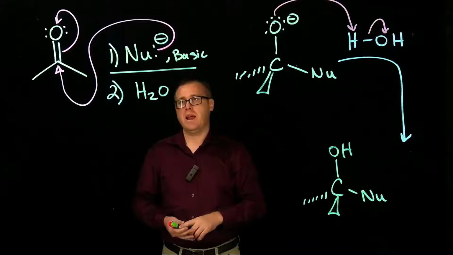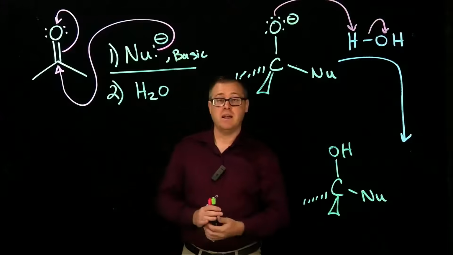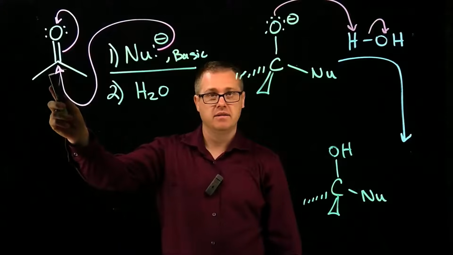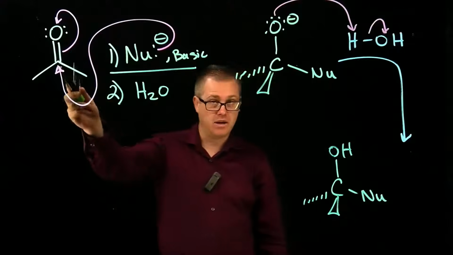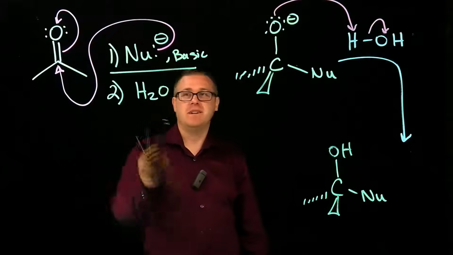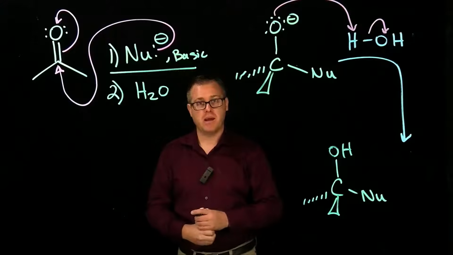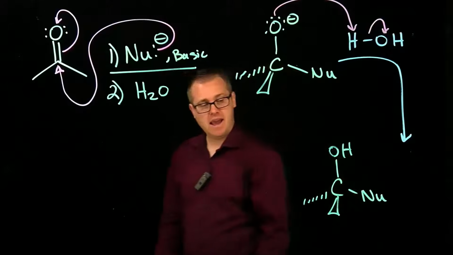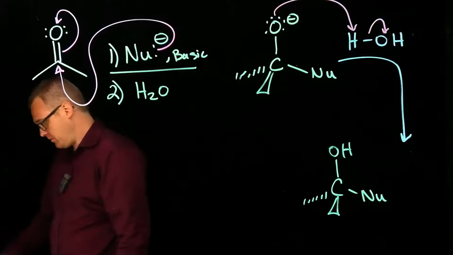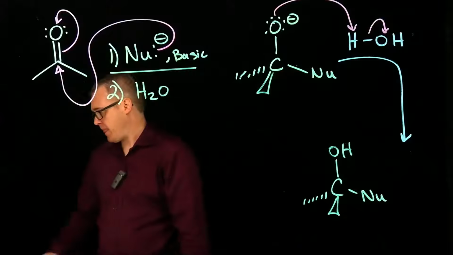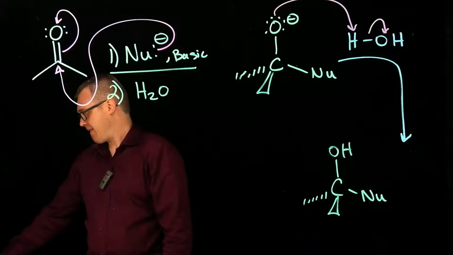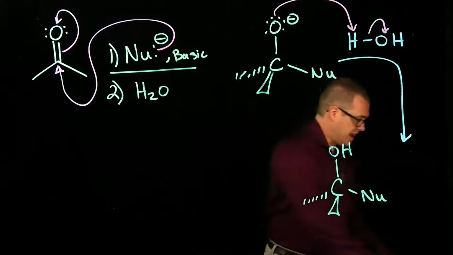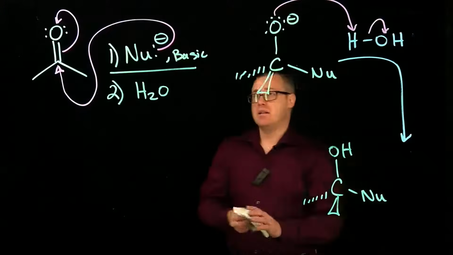So this is one way to make alcohols. We take an aldehyde or a ketone and treat it with a strong nucleophile under basic conditions, and we can get ourselves an alcohol. So that's that mechanism.